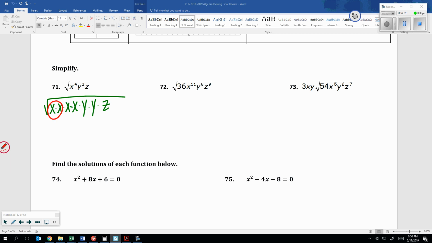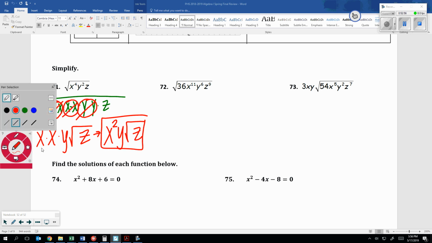I have a pair, four y's, and that's it. Remember, I just take out what the pair is made out of. So I have a pair of an x, I have another x, I have a y. And then underneath, I'm going to still have a z. Well, I have 2 x's outside, so I have x squared y square root z.